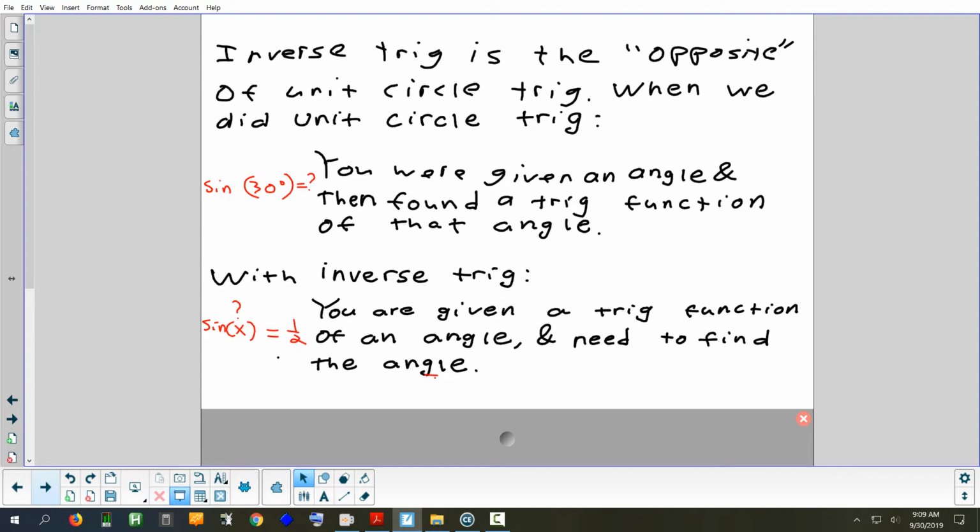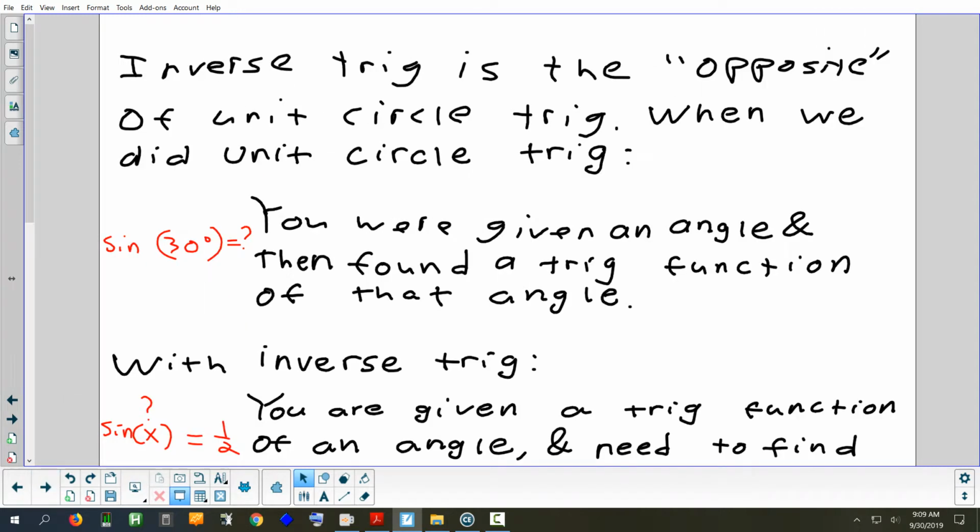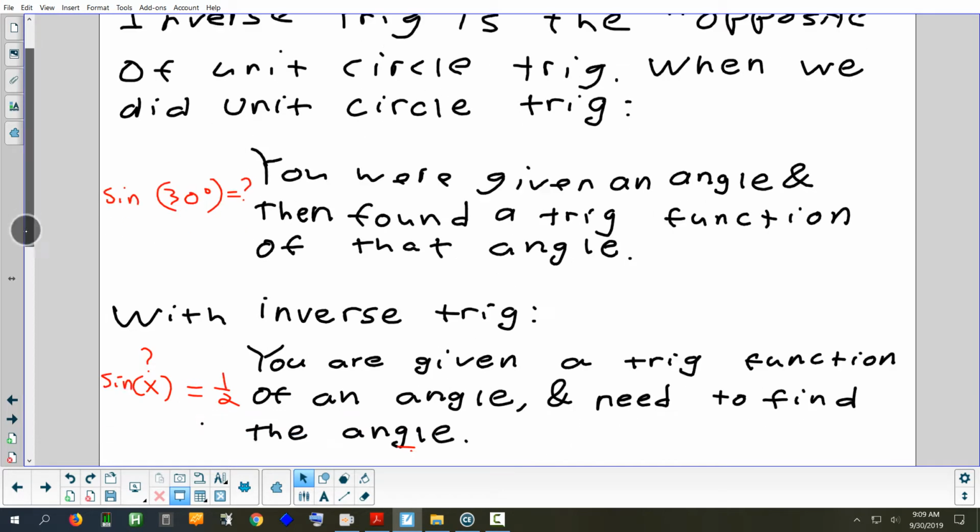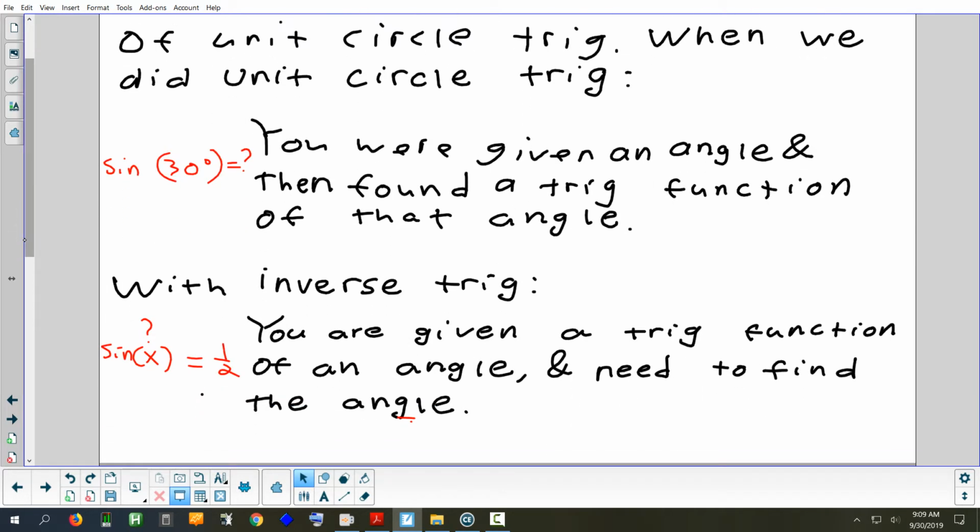Okay, so last week, the question looked like that. What's the sine of 30 degrees? And you would tell me the answer, 0.5. This week, I'll tell you the 0.5. I want to know what angle would you take the sine of, and would give you an answer of 0.5. So that's where this chart is going to help us.